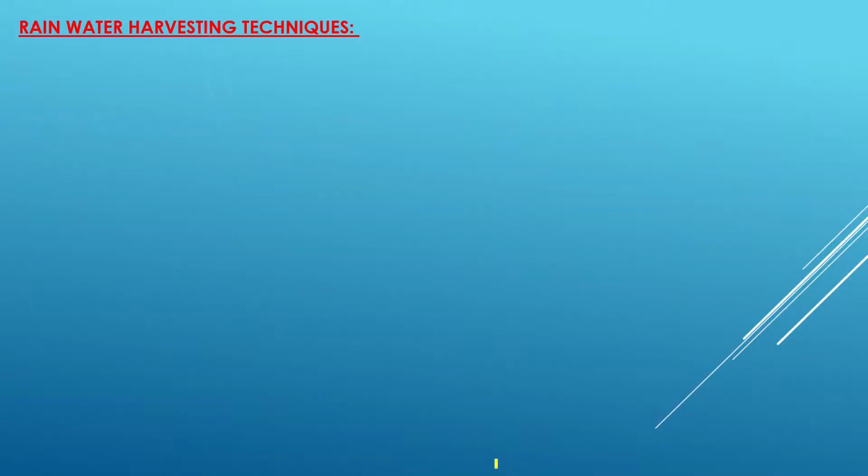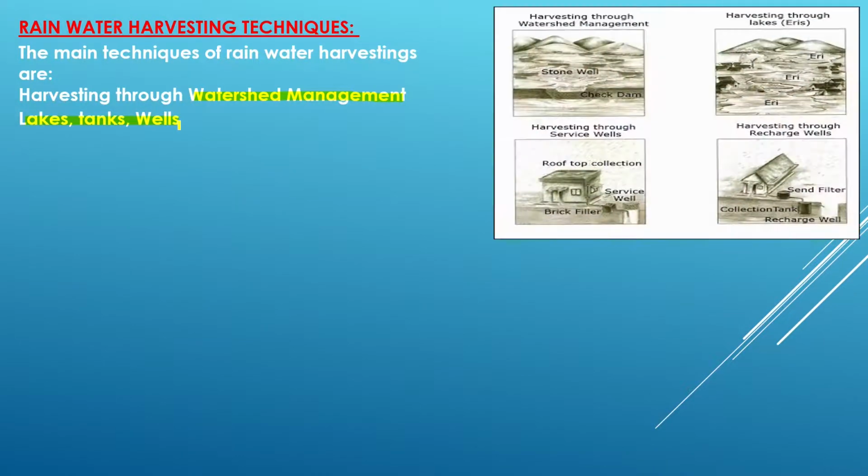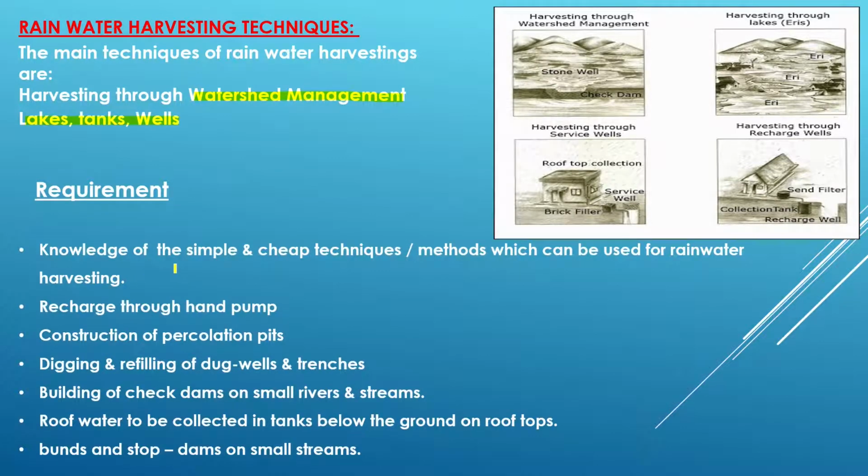Rainwater harvesting techniques. The main techniques of rainwater harvesting are harvesting through watershed management like lakes, tanks, wells, requiring knowledge of simple and cheap techniques.